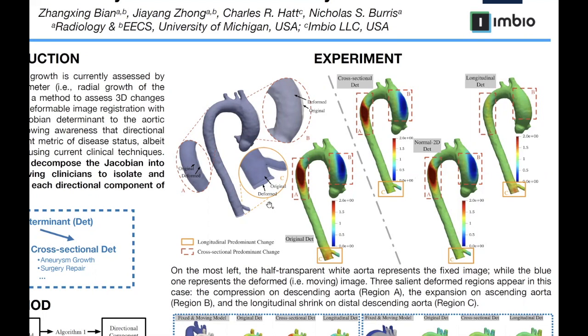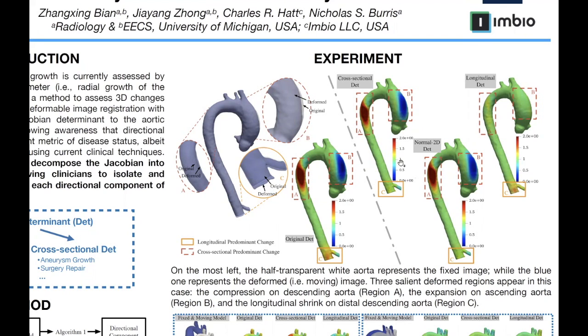As you can see, when we use a previous technique to plot growth in the original determinant, it does a good job capturing the deformation, but it cannot tell us the directionality of the deformation.